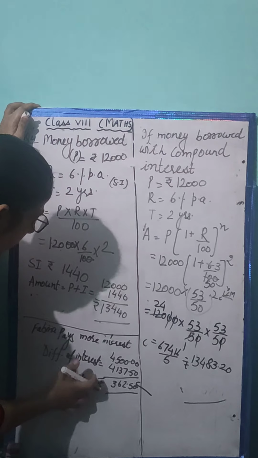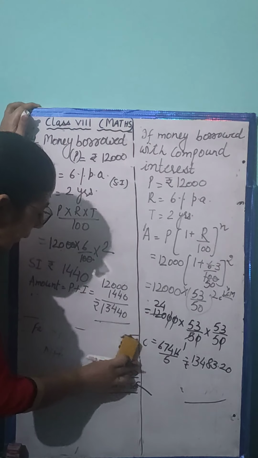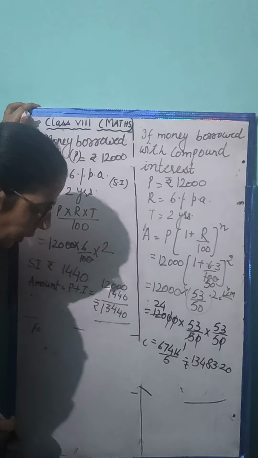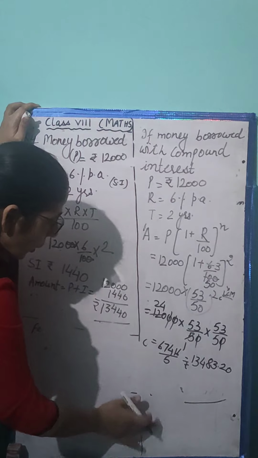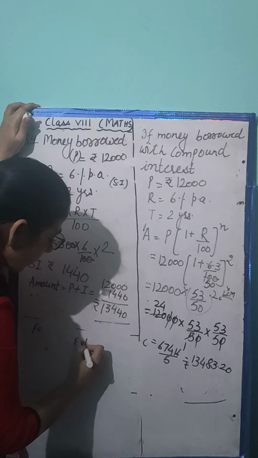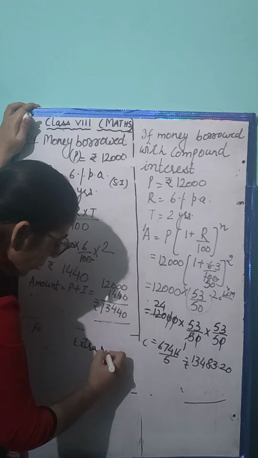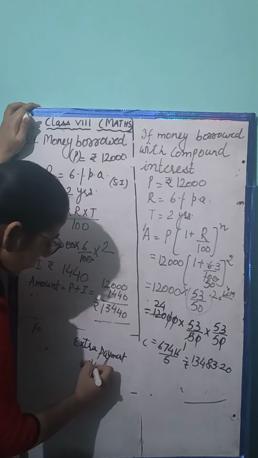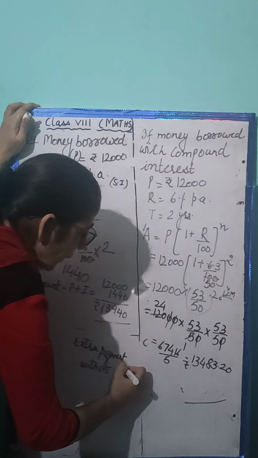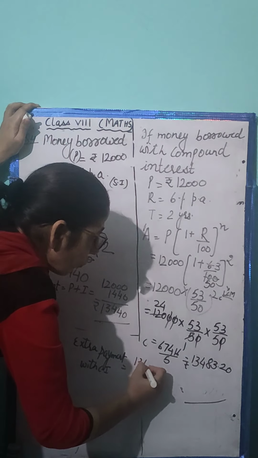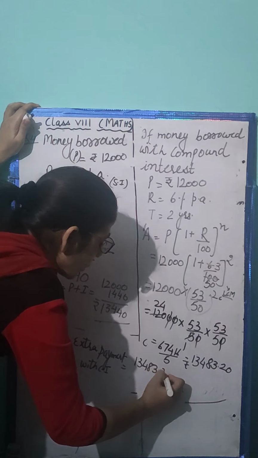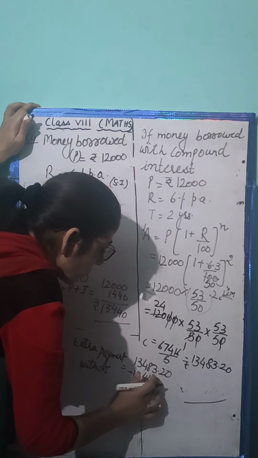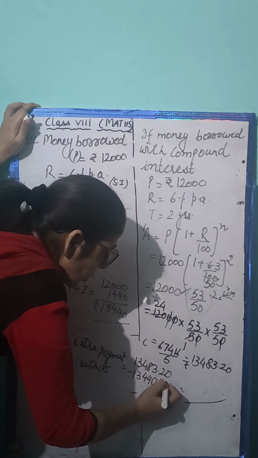This was the amount here, 13440, and here it is 13483.20. So extra payment. What is the extra payment with compound interest? We will find the difference. 13483.20 minus 13440.00.